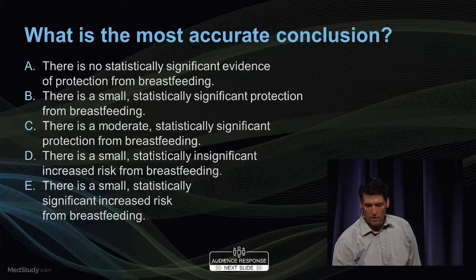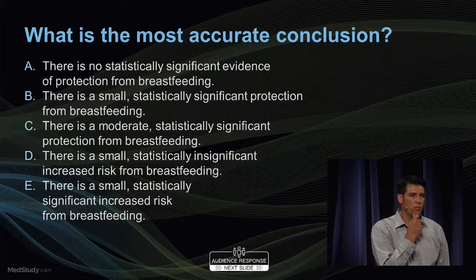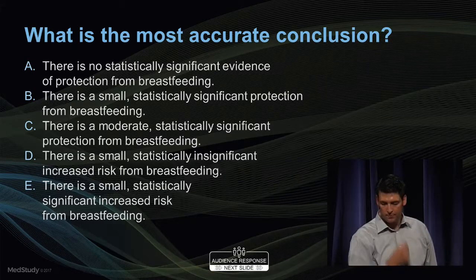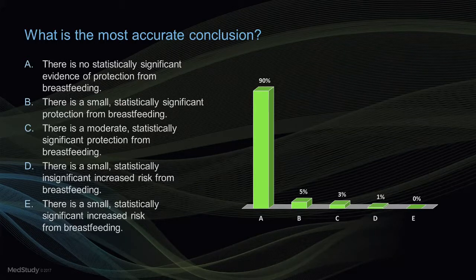So you can take a moment to provide an answer to the most appropriate conclusion there. And right away we saw in those intervals that they contained which important number? 1. So we know that there was no significant difference between the breastfeeding and non-breastfeeding mothers in terms of their risk for cancer.